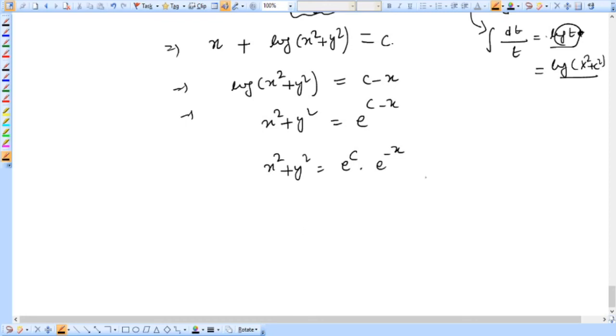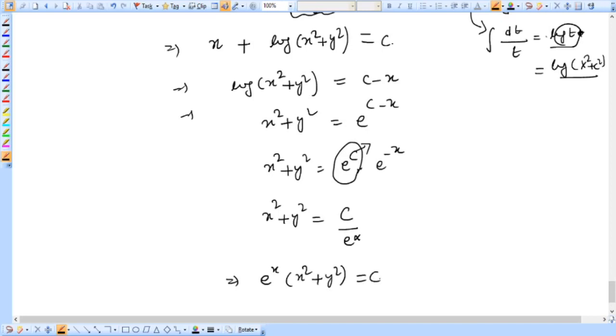Now this could be written as another constant, capital C. So x square plus y square is equal to capital C divided by exponential of x. This implies e power x times (x square plus y square) is equal to constant, which is the required solution of the given differential equation. So in this way we can solve the given differential equation by finding out the integrating factor.